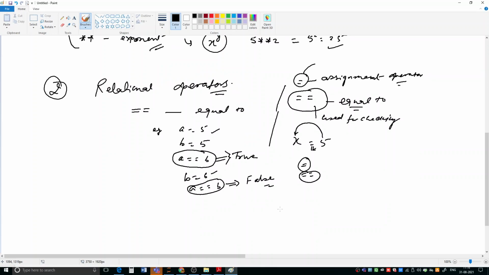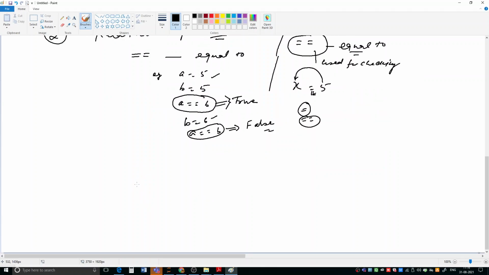Next, another relational operator is not equal to. How do we write not equal to? It is written as an exclamation mark and then the equal to sign. So this is called not equal to. It is the opposite of the equal to sign.